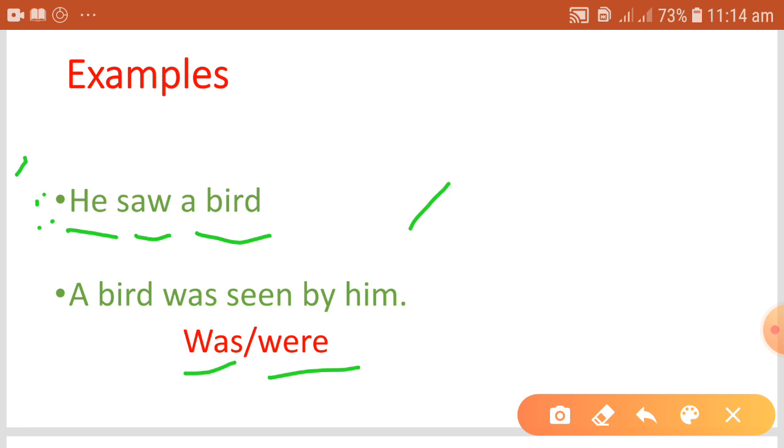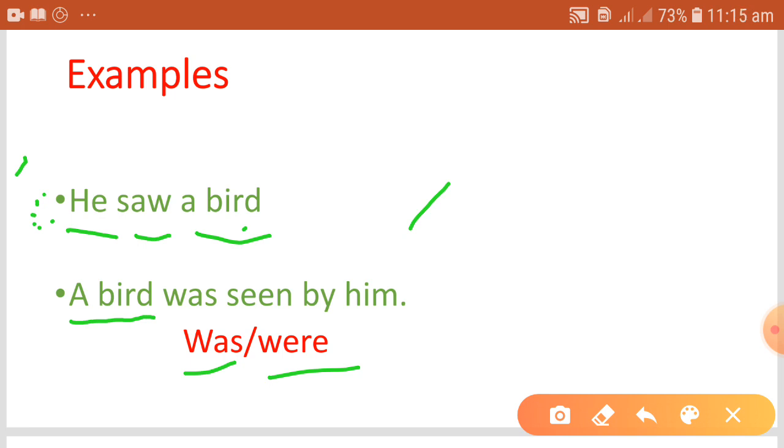Okay, now we have found these things. Means first we have found the subject, verb and object and the tense of the sentence. Now we have to convert that sentence into passive. While converting that sentence into passive, as we saw in the definition, in passive voice importance is given to the object. So the object will come at the position of the subject, means the object bird will become the subject in passive.